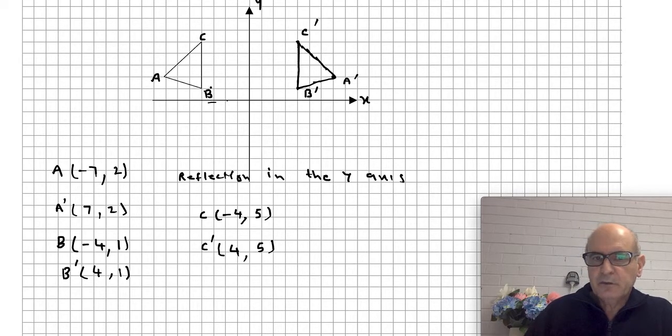This time, you've got to bring down to the x-axis and continue by the same amount. For example, B, I bring down a perpendicular line to the x-axis and go down here. That becomes B dash. All right, because it is just 1 unit away, so you go 1 unit on the other side. Similarly, A is 2 units above the x-axis, so go down 2.